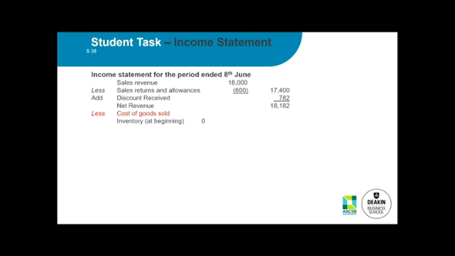So, opening inventory, 0. Plus purchases, 8,000. Minus any purchase returns that we had, 400. Minus our closing inventory. So, hang on. Okay, that was incorporated into this. Sorry.